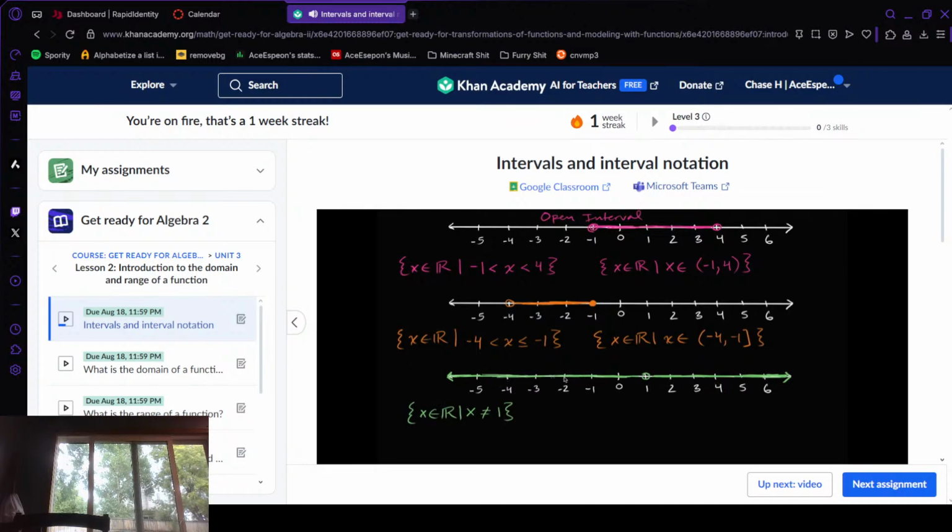And there's other ways of denoting this exact same interval. You could say x is a member of the real numbers such that x is less than 1 or x is greater than 1.